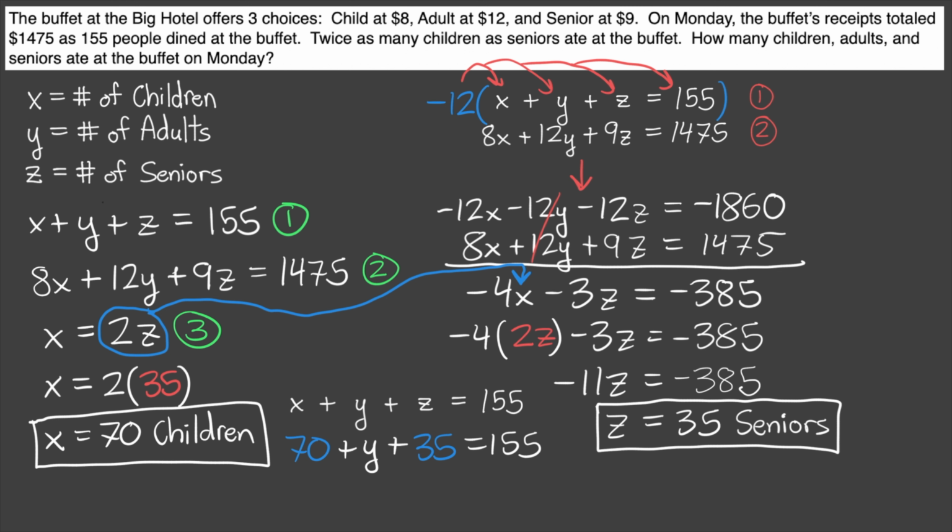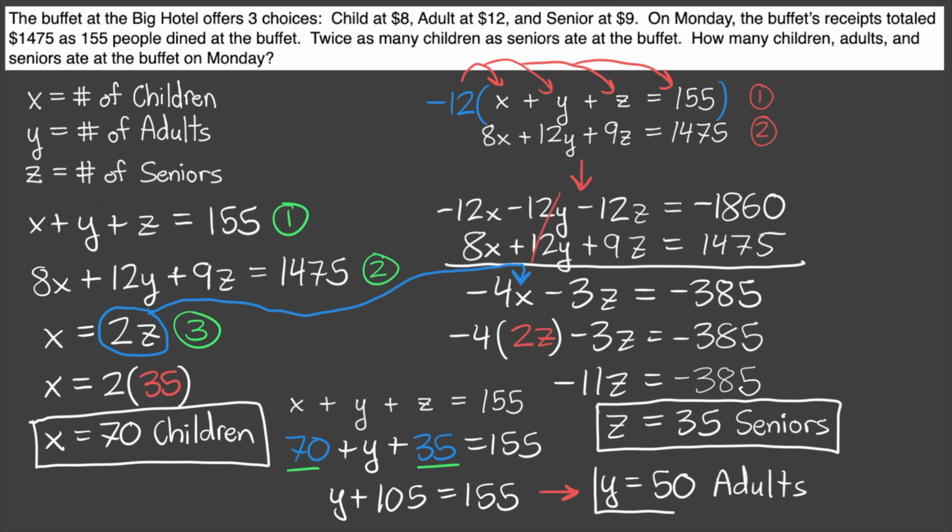Combine like terms, meaning the 70 and the 35, y plus 105 equals 155. Subtract the 105 over, and you will get y equals 50, and that's going to be the number of adults who went to the buffet on that particular Monday.